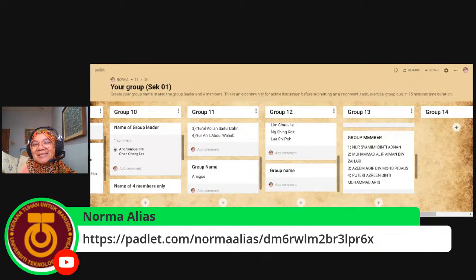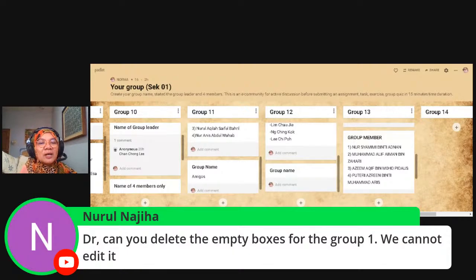The important thing is we keep contacting each other. Now, Nurul, can you delete the empty box for group one? We cannot edit it. Very good. I'm waiting for others, and if they still cannot get a group, they can form one group. Never mind, I can do it. Thank you very much. That's why we talk with the system.